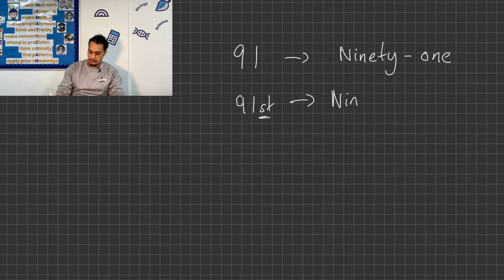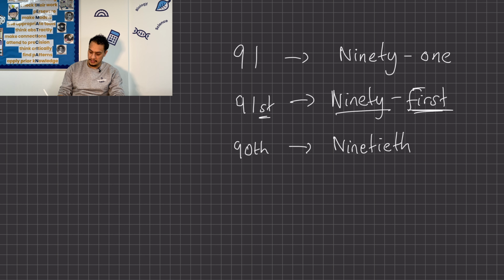It's 91st. Let's just remember 90. So 90th will be written 90th. The Y in 90 has been replaced by this I, and then you've got the E and the TH.